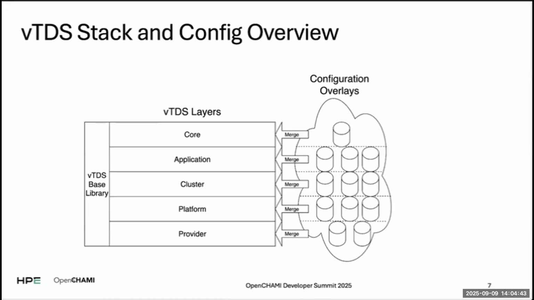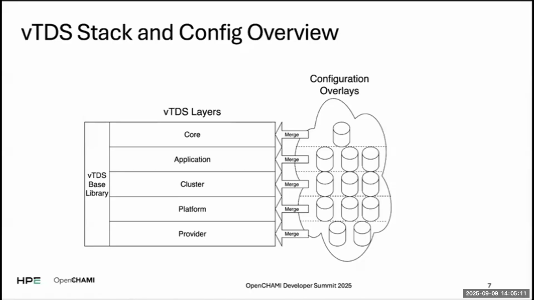After that, it then pulls in the configuration overlays, merges them in the appropriate order, and feeds them down to the individual layers, the layer-specific pieces of that config. There'll be a chunk for the core, and a chunk for the application, cluster, platform, and provider. For each of those layers, it will feed that piece of the config to that layer.